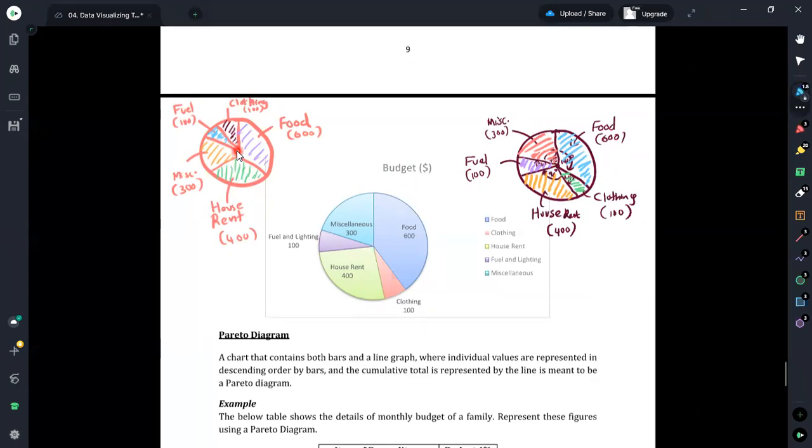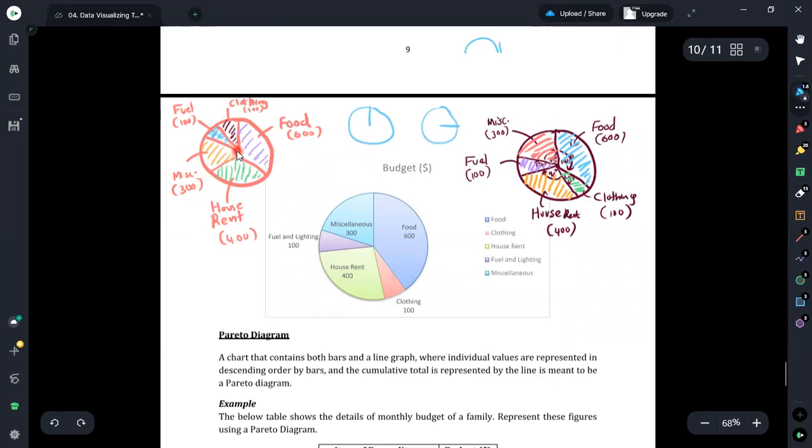And the next important thing I would like to highlight here is, you can start it from the zero angle, or generally we are starting it at this point, or else we can start it from here as well. And we can go in the clockwise direction, or else we can go anti-clockwise. But generally we prefer to start from this way or this way.